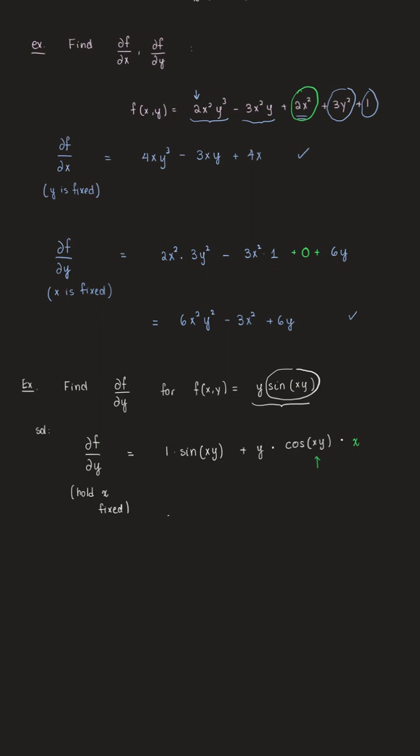And so this will result in sine of xy plus xy times cosine of xy. And that is our partial derivative of f with respect to y. It tells us the slope of a tangent line at a point in the direction of the y-axis. We can also write this as f with a subscript of y.